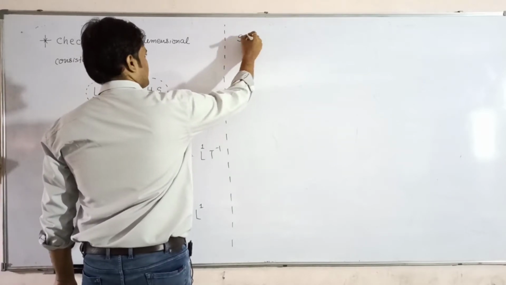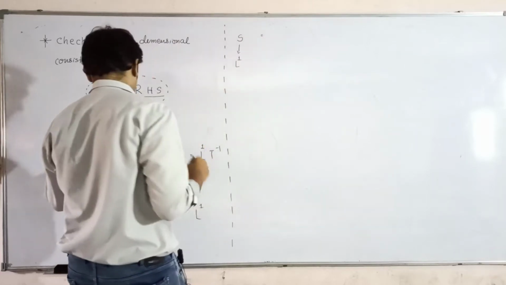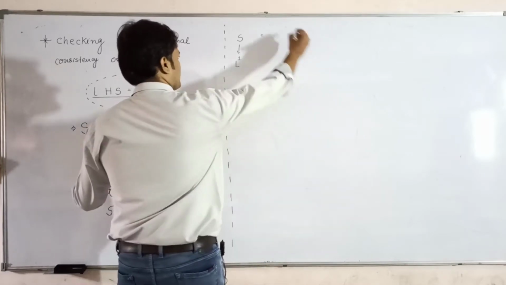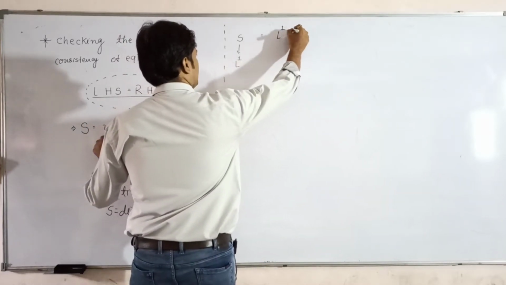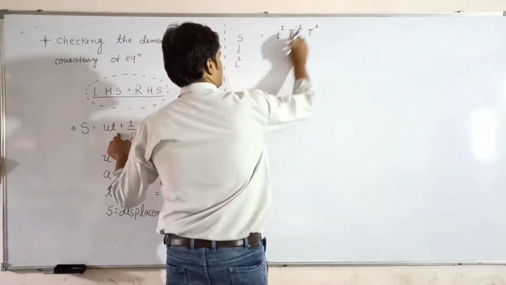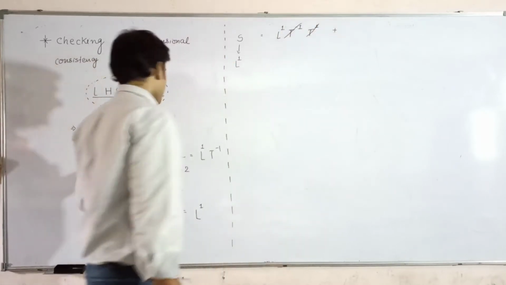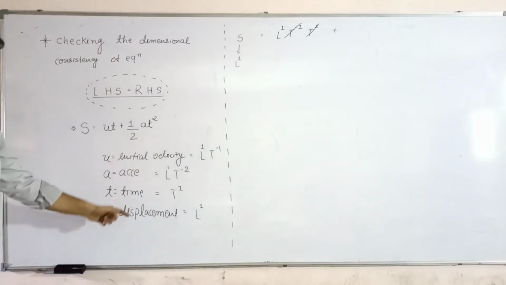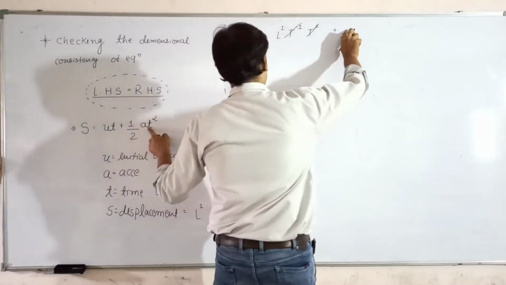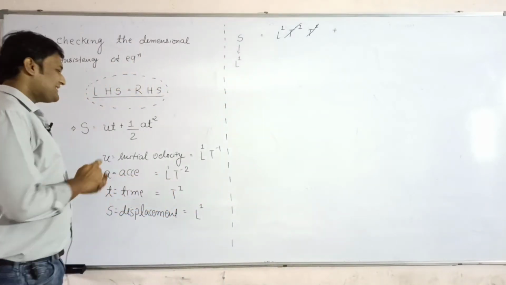S is equal to displacement. What is the dimensional formula? It is L1. Here ut means u is initial velocity, its dimensional formula L1 T minus 1, and time T1. T minus 1 and T1 both are cancelled. Plus here 1/2 at square. a is acceleration, and 1/2 has no dimension, because it is a constant.